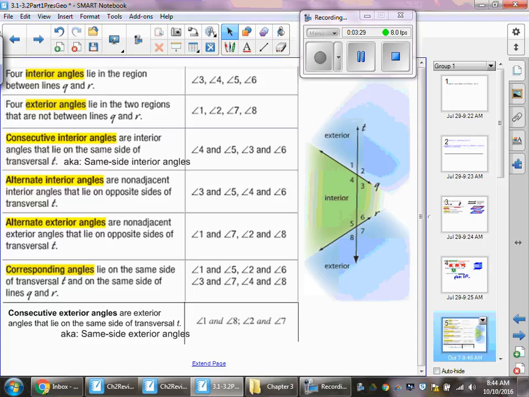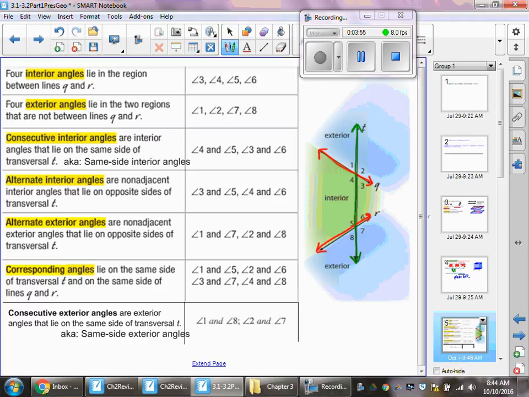Next, we're going to talk about different types of angles. Here we have 2 lines and 1 line intersecting. This line intersecting those 2 lines, the green, is called a transversal.